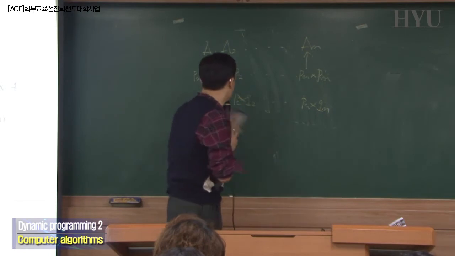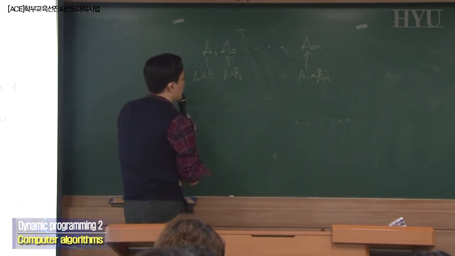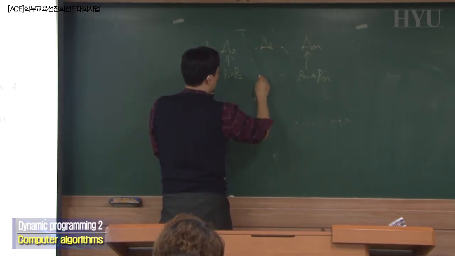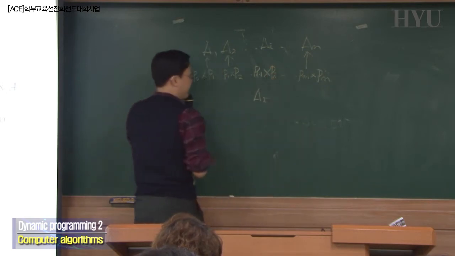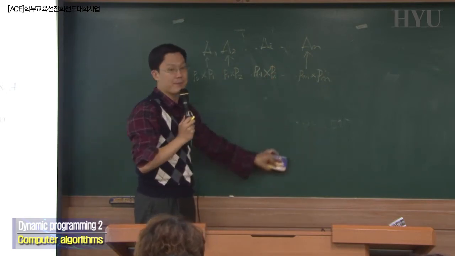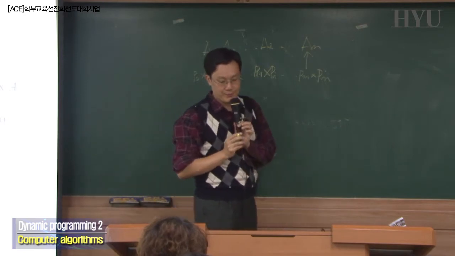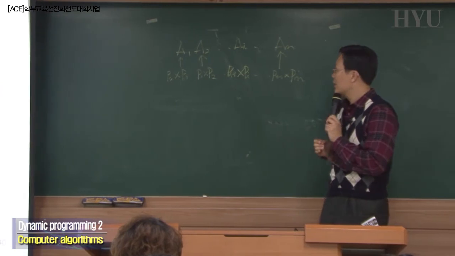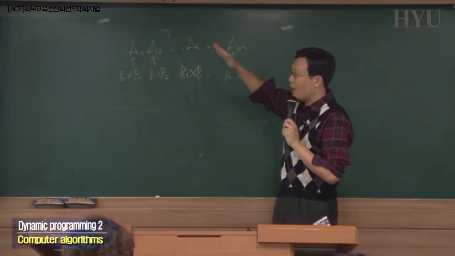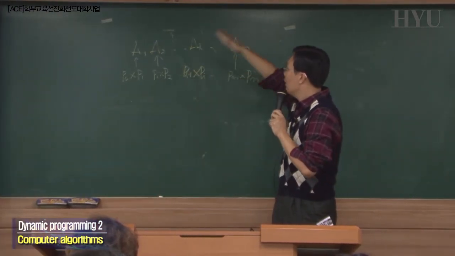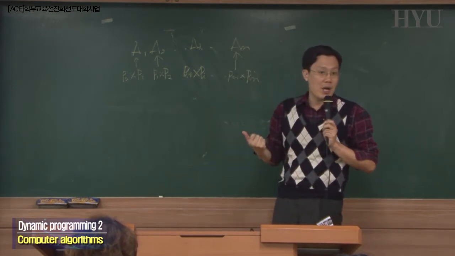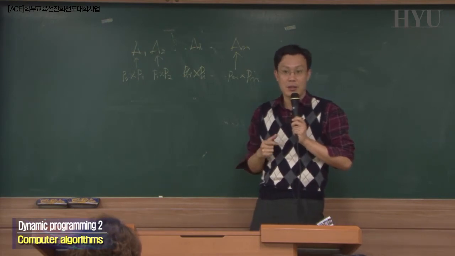So generally, Ai is Pi-1 by Pi. Then the question is, find a full parenthesization of this product to minimize the scalar multiplications.